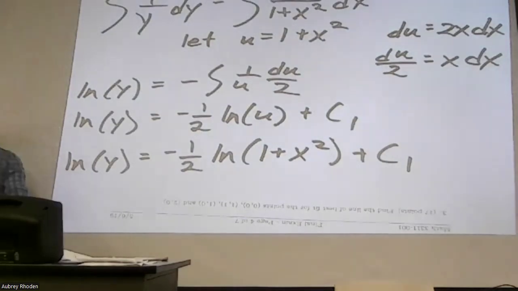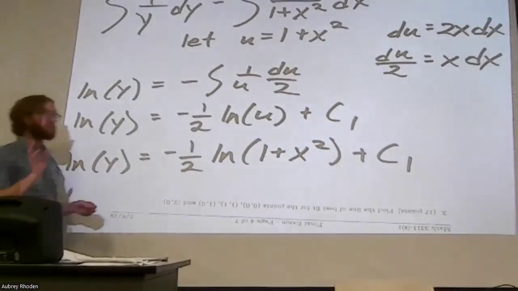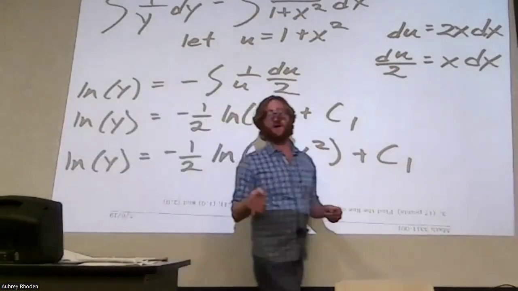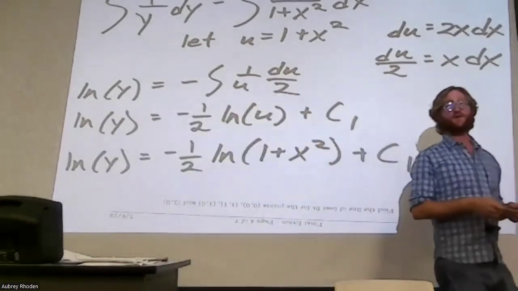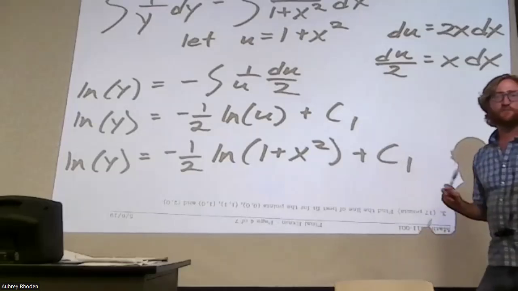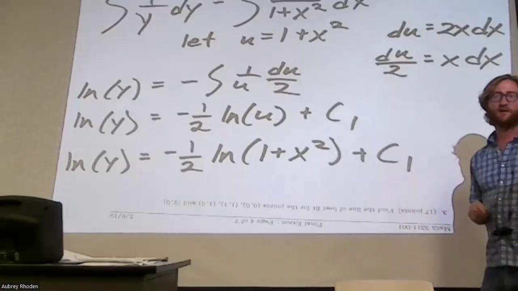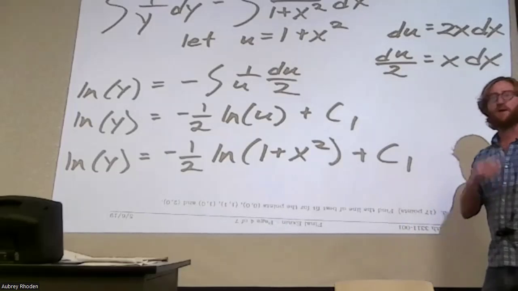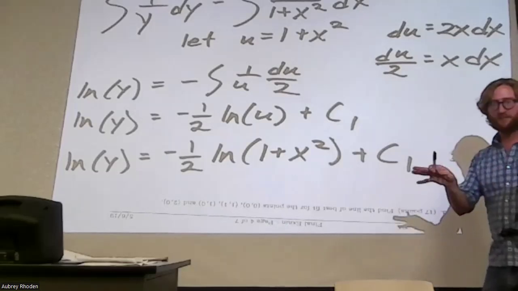I'm going to run out of room on this page, so I'm going to grab another one. Now, in my class, unless a test specifically said find the explicit solution, if you had left the answer written like this, I'm going to count it as correct. That's my class, and it doesn't apply to everybody.